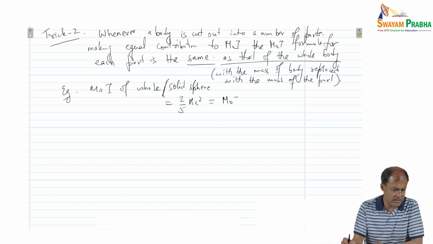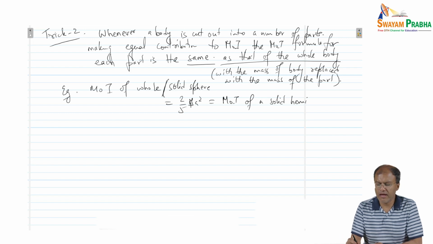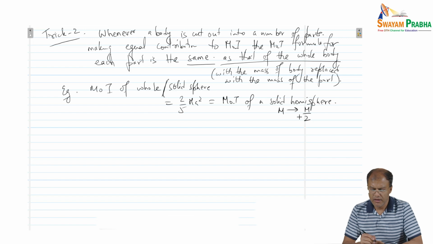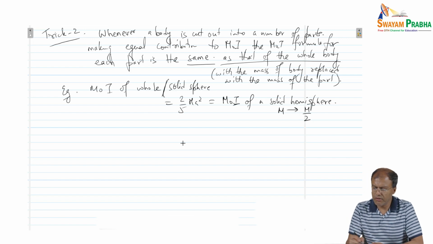For a solid hemisphere, the moment of inertia is the same as that of the whole sphere, except that now the mass has to be replaced by M by 2, because the hemisphere will have exactly half the mass, right? So the moment of inertia of the solid hemisphere is the same as that of the whole sphere about the same axis under consideration.